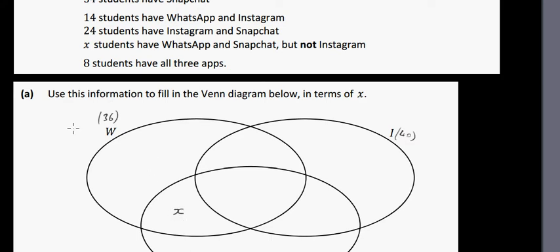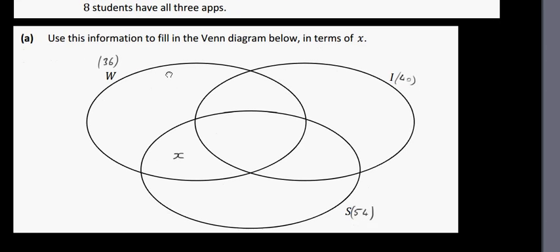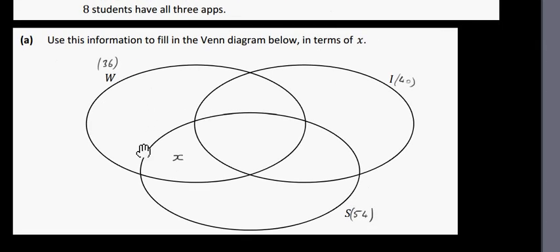This is the number of students who have WhatsApp and Snapchat, but they don't have Instagram. So it's only this section here I need to worry about. So this is my X here. Okay, last thing to say here is 8 students have all 3 apps. So I can put 8 in the middle here. Okay, so let's go back to the beginning then and see if there's anything we can do at this stage.